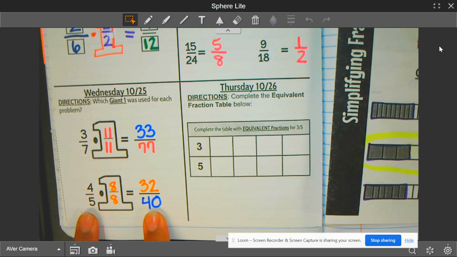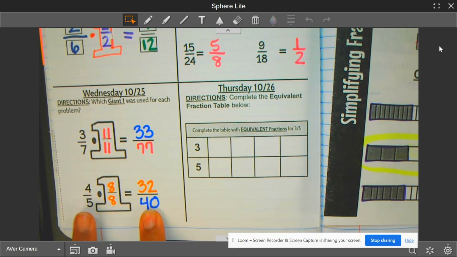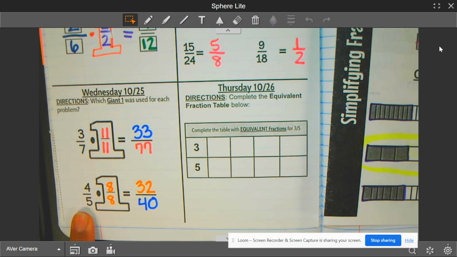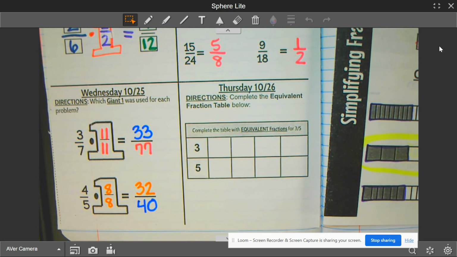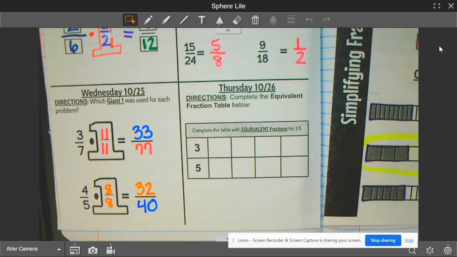Yep, and these are equivalent. 4/5 is equivalent to 32/40. If I asked you which one is written in simplest form, remember it is the version with the least amount of pieces, and that would be 4/5. But here we are multiplying by the giant 1 to create our equivalent fraction.